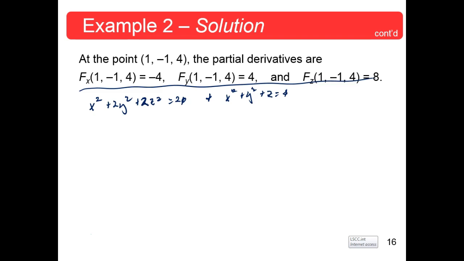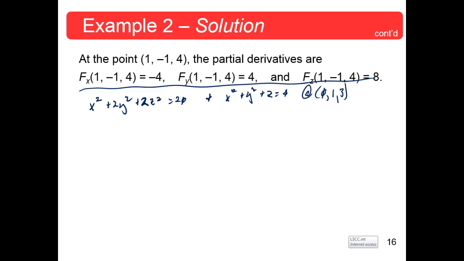All right, so we want to find a set of parametric equations for the tangent line to the curve of the intersection of that ellipsoid and the paraboloid at the point 0, 1, 3. What this means is that point needs to be on both of these.